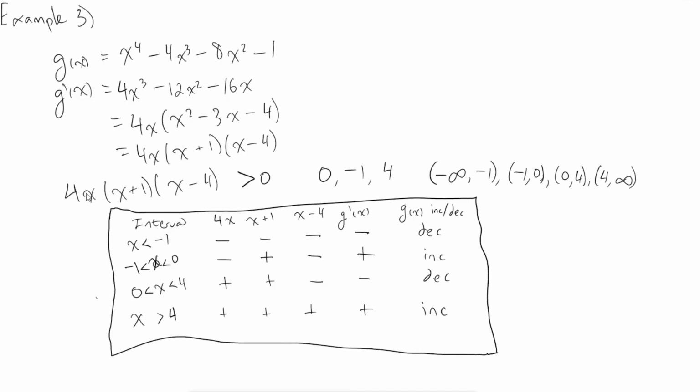When f prime x is less than 0, it's decreasing. I didn't talk about when it's equal to 0, but you probably figured this out already. When f prime x is equal to 0, it is neither increasing nor decreasing. Its slope is 0. So that is section 4.1.